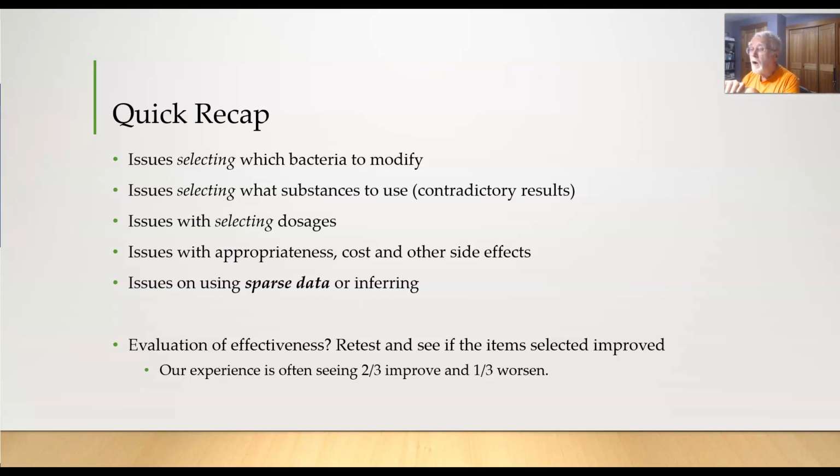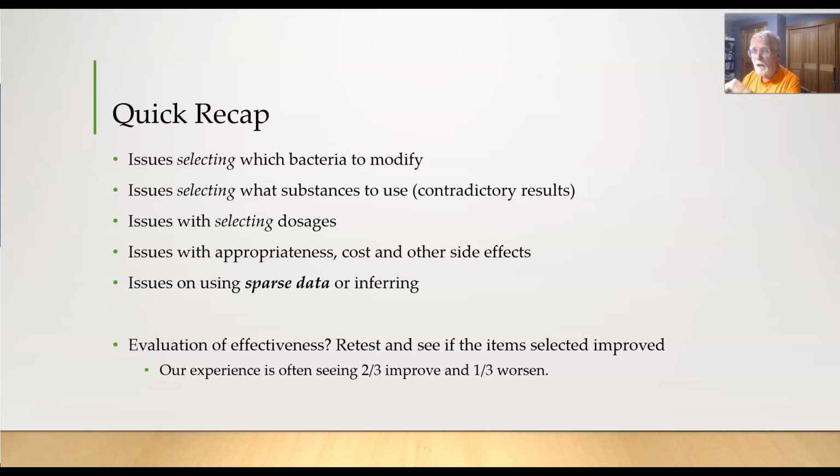Then we go along and find the problem of what dosage do we select? That is a habitual pain. My own take is to find the highest dosage from clinical trials or published studies and use that, because somebody has done their homework in figuring out what those dosages are.